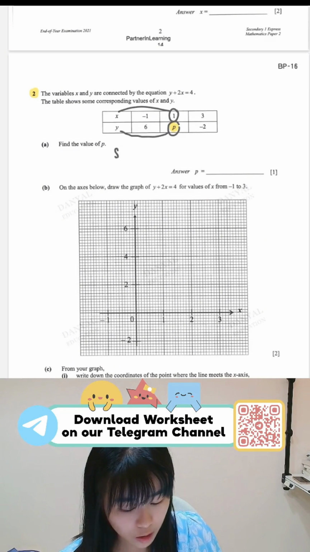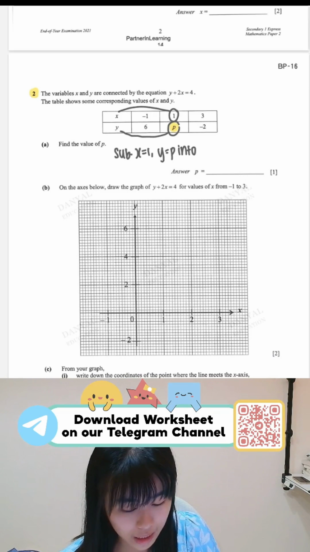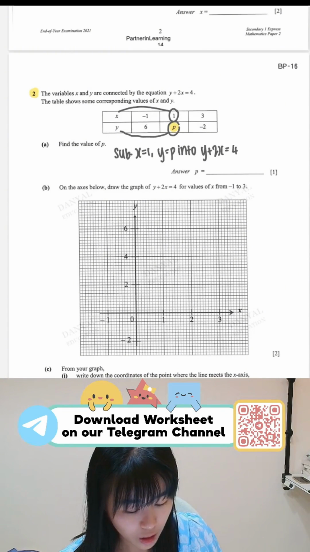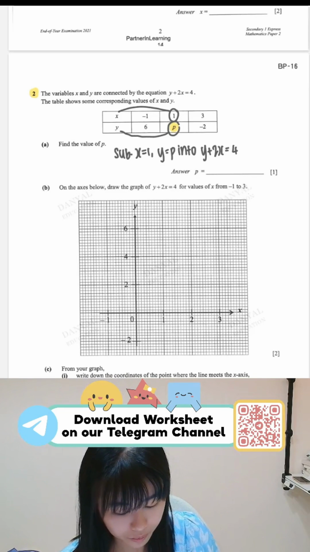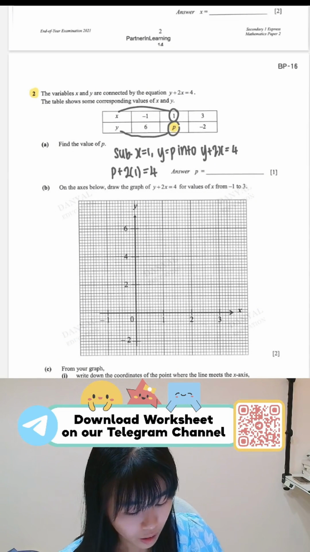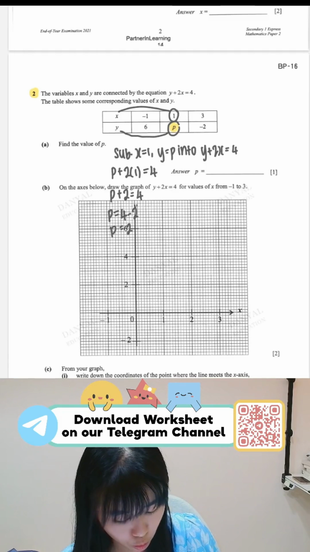So you need to sub in x is 1, y is p into the equation they give you, which is y plus 2x equals to 4. Your y must sub in the p, your x must sub in the 1, then you get equals to 4. So over here you are going to have p plus 2 equals to 4. So p equals to 4 minus 2, p is 2, just like that.